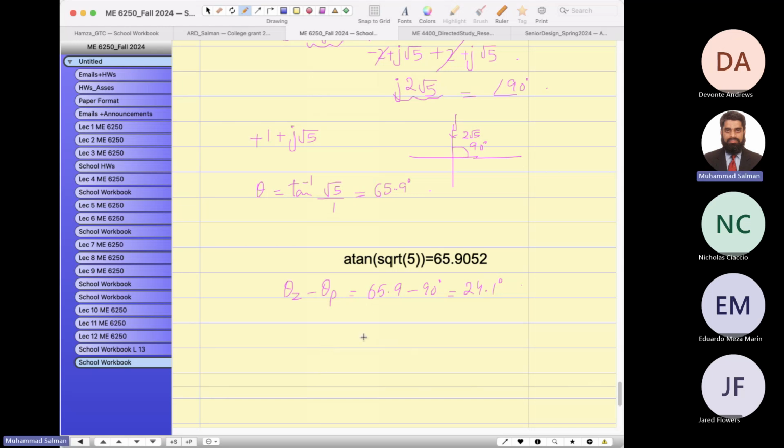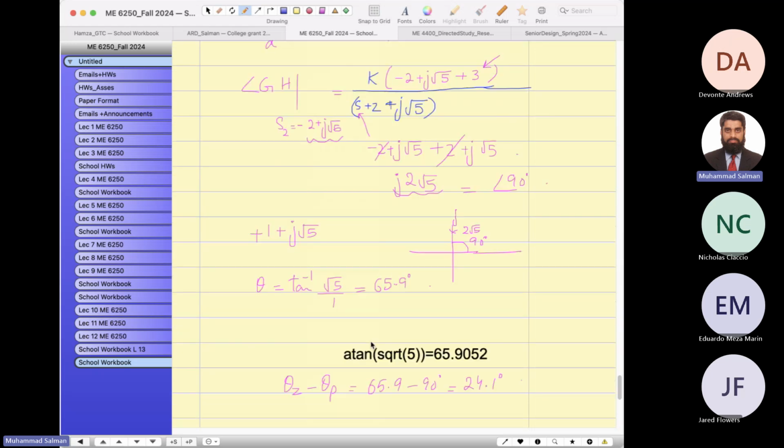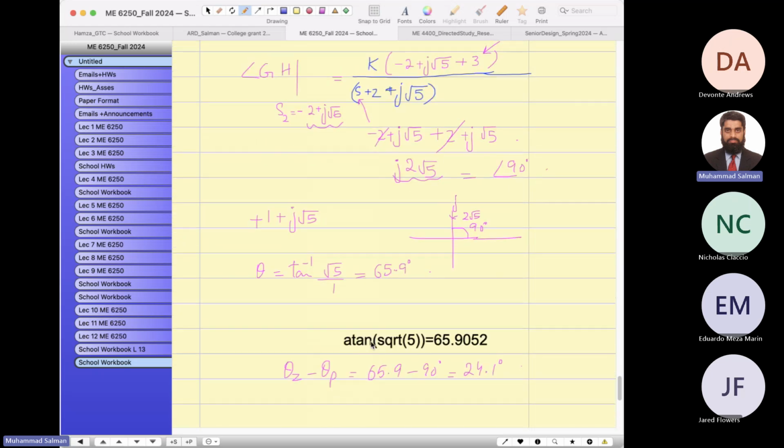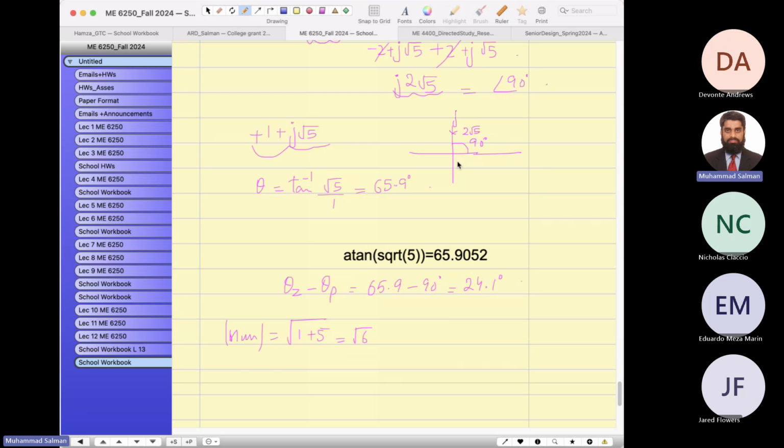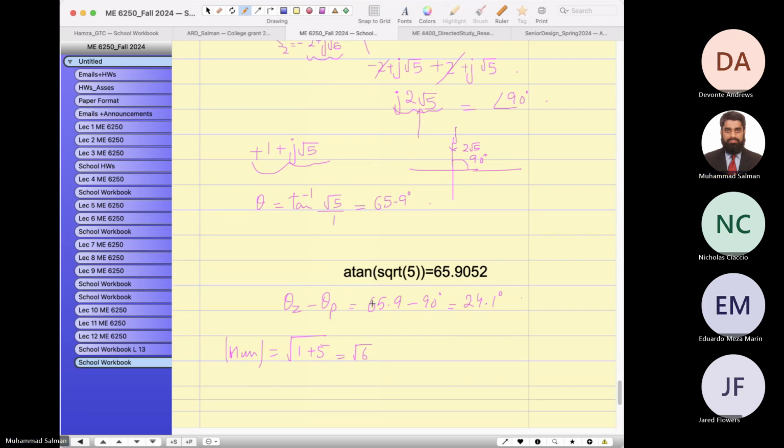We can do the magnitude later on, but if you want, I can show you. The numerator magnitude is square root of 1 plus 5, square root of 6, and the denominator magnitude is the same as this one, 2 square root 5.